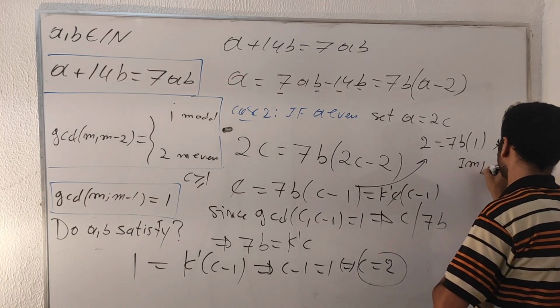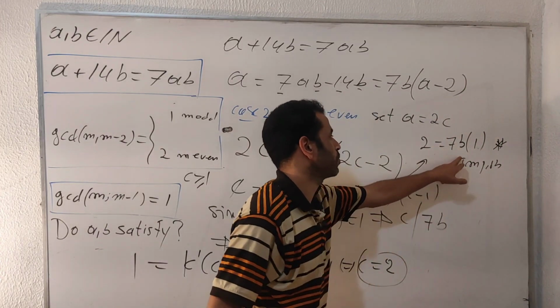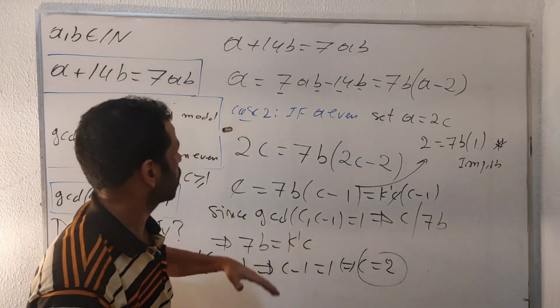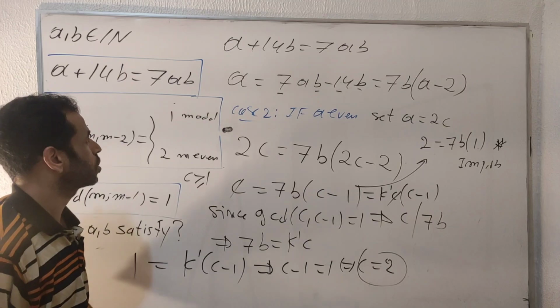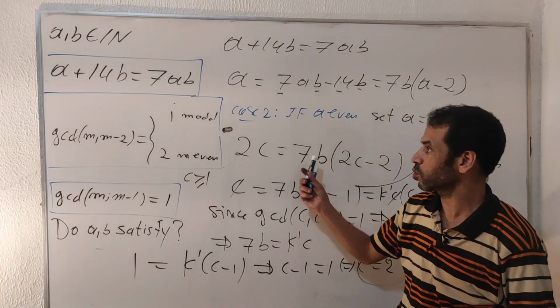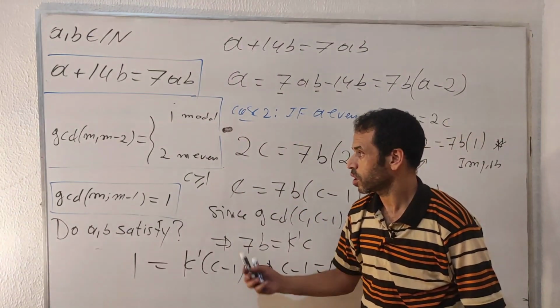Impossible, because you cannot have the product 7B equals number 2 here. B is not an integer number. So we have proven both cases. They do not satisfy this equation, which means we have no solutions for this equation over natural numbers. So I am done with this problem.